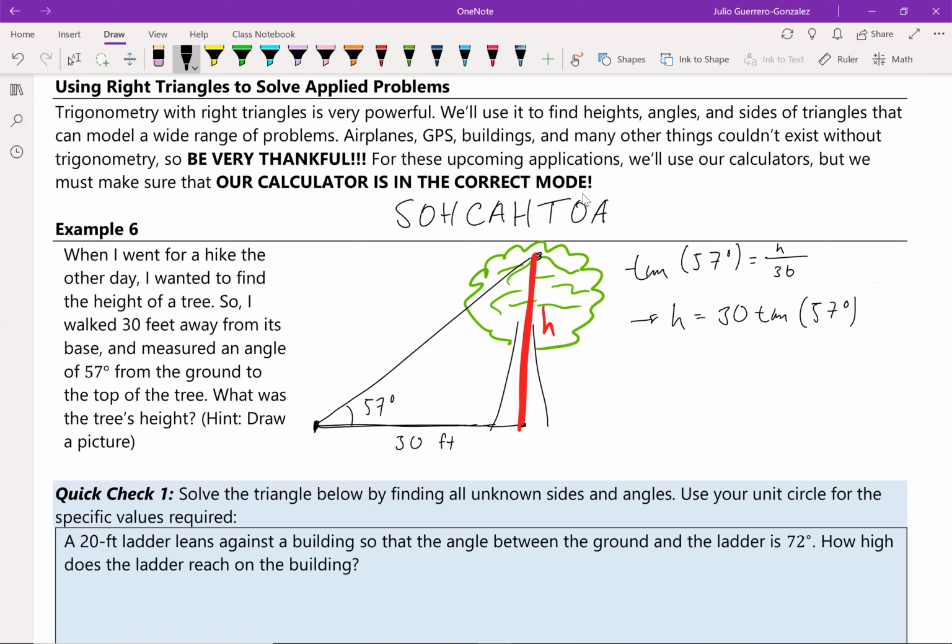So now we'll go ahead and go into our calculators. Just a word: it depends on the angle. It depends on where your angle is. So see, the angle is right here. This is the opposite side, and this is the adjacent side. So that means we need something with tangent.